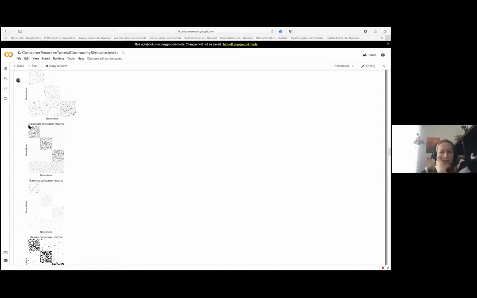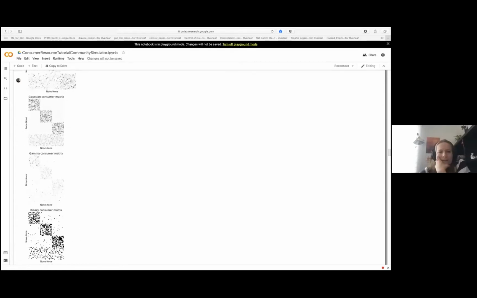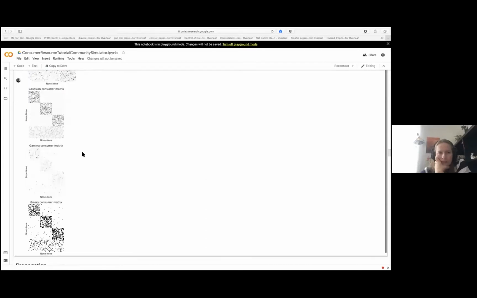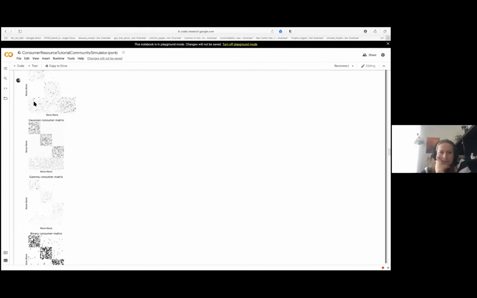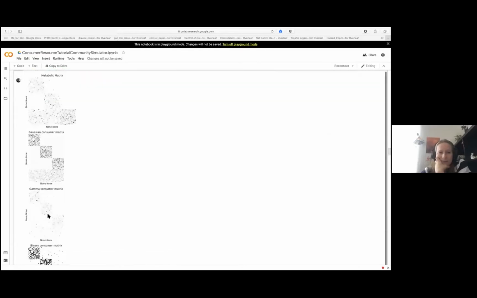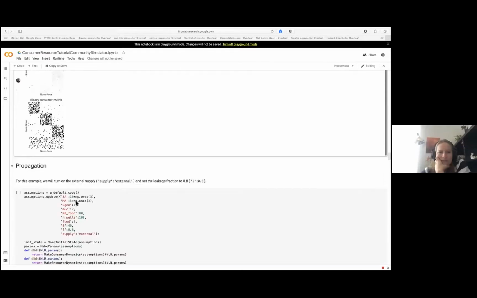Because if you use this Gaussian or binary consumer matrix, you will actually end up with a set of species that look more towards the specialist side, because they have really strong growth rates for a small set of resources, and then they almost can't grow for many others. But other assumptions, like a general one, this binary one or gamma distribution, can relax this constraint a little bit.